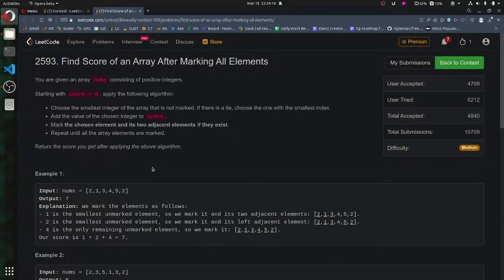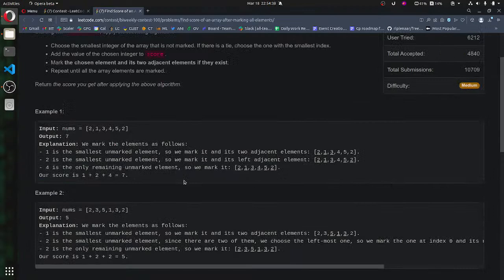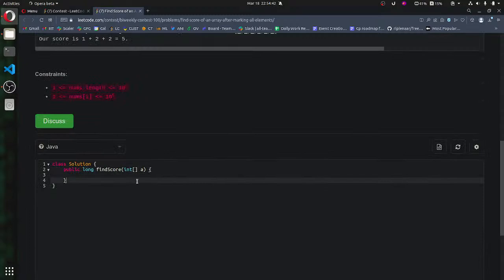Okay. Okay, so again 1 2 4. Okay, it seems to be a, what to say, priority queue of type integer array.